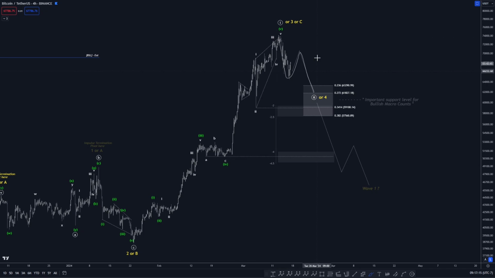So either it's a pullback for an A, B, C, or it's a pivot for 1, 2, 3, 4, 5. This level right here is really important for the bullish macro counts, for our bullish counts and the bullish variation. We do want to see some respect here. Otherwise, instead of a pullback, it's a pivot.